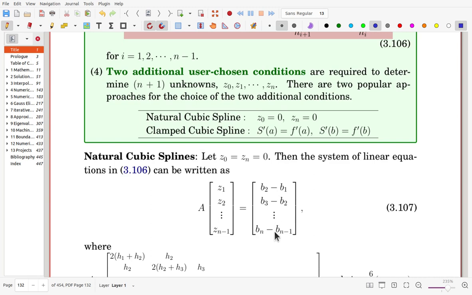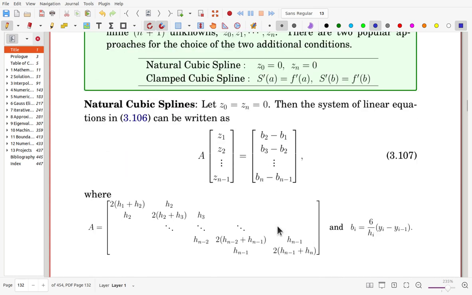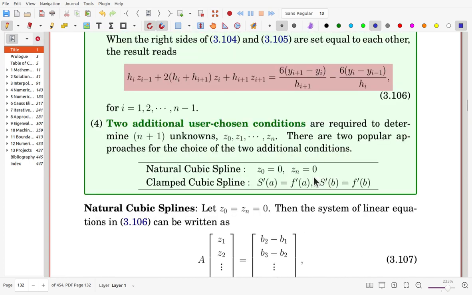So we have to solve this system of dimension n-1, and we decide here from Z1 to Zn-1. Now already we assumed Z0, Zn are 0, so we decided all Z values.